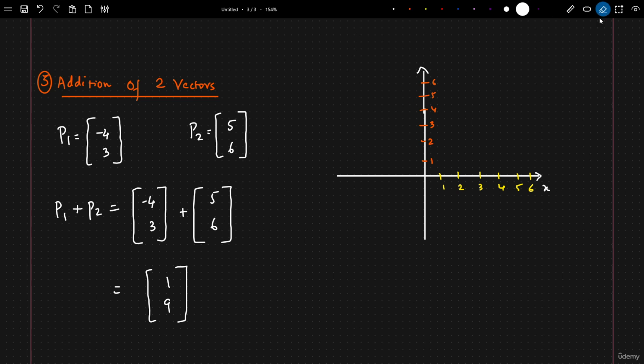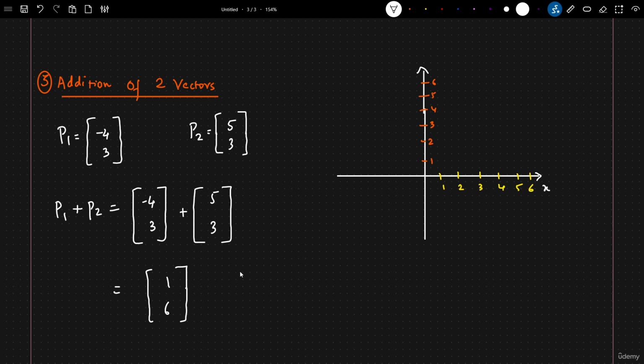Let's take this as another number. Instead of writing 5 with 6, I will write 5 with 3, so that whenever we do the addition over here, I keep this number 3, and here also we will write 6.